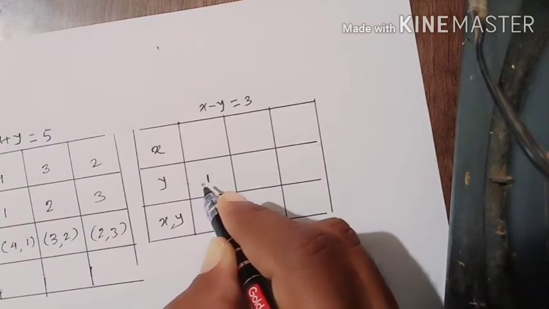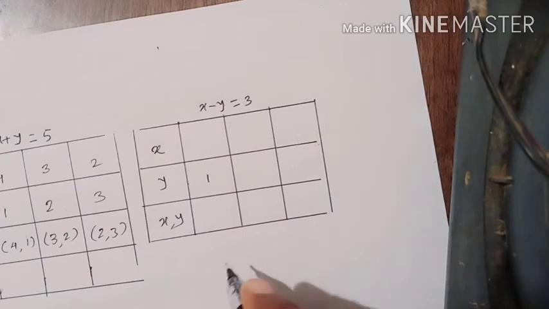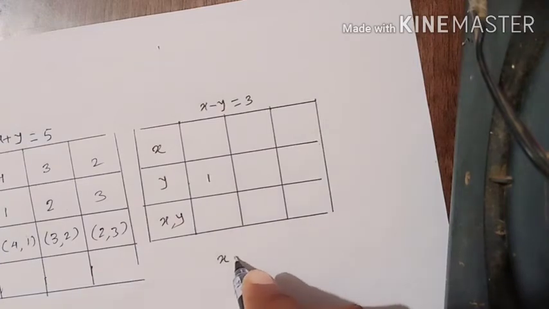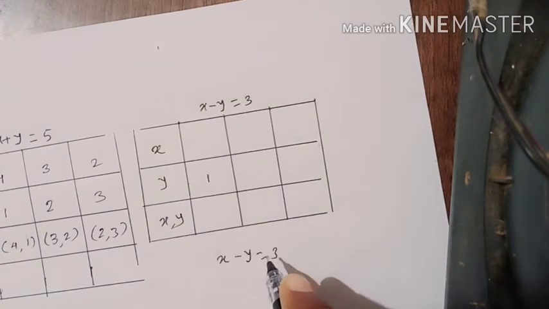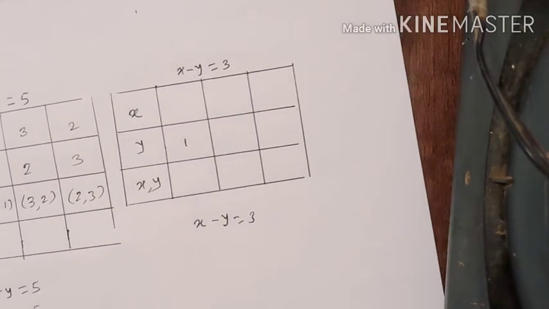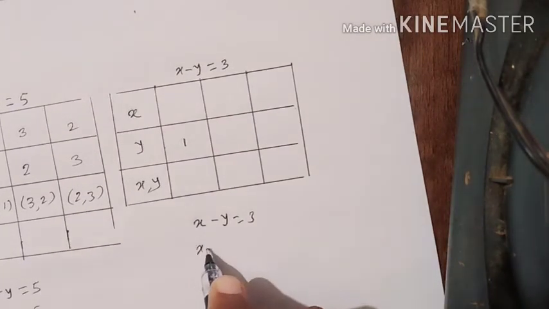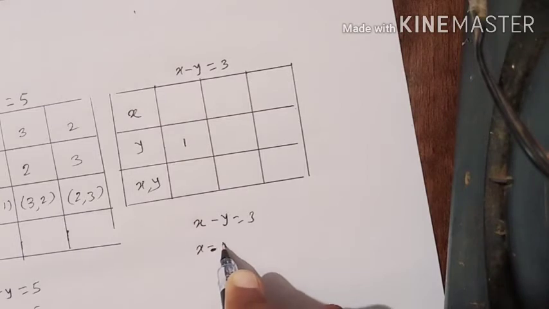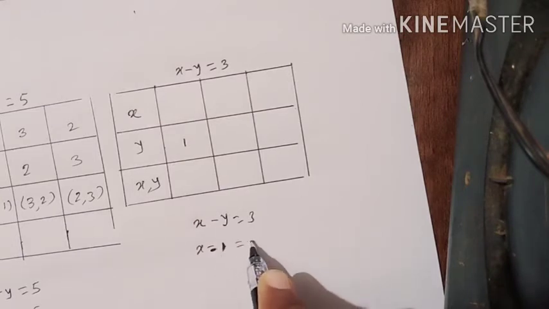Very simple. Now calculate here x minus y is equal to 3. It is an equation and the value of y is 1. Therefore x minus y, with y equal to 1, is equal to 3.